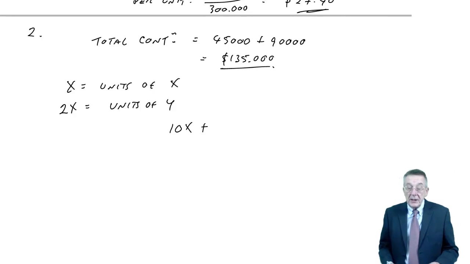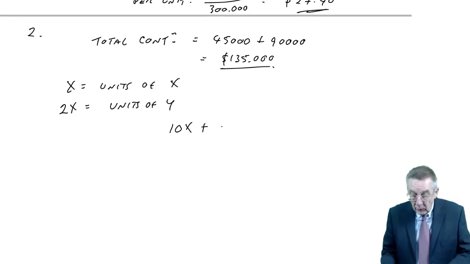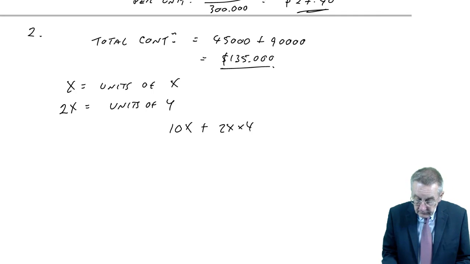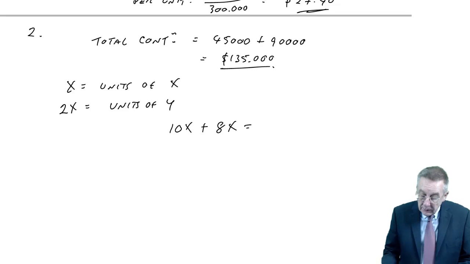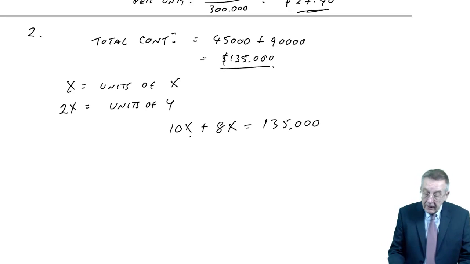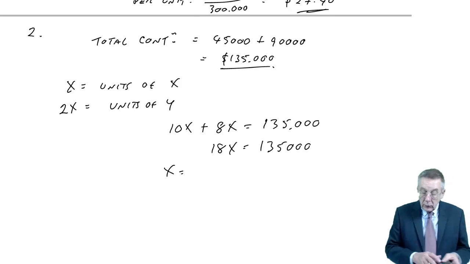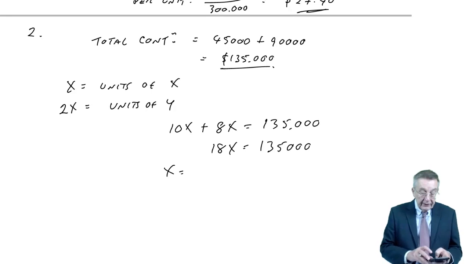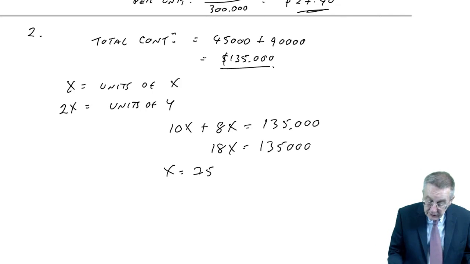So if there are 2X units of Y, it'll be 2X times 4, or 8X. And we want the total to be 135,000. And now it's simple algebra. Add them together, 18X is 135,000. X, therefore, 135,000 divided by 18 is 7,500.